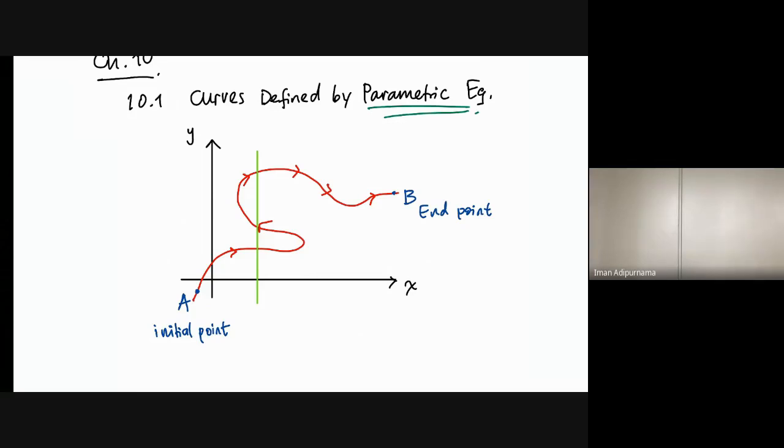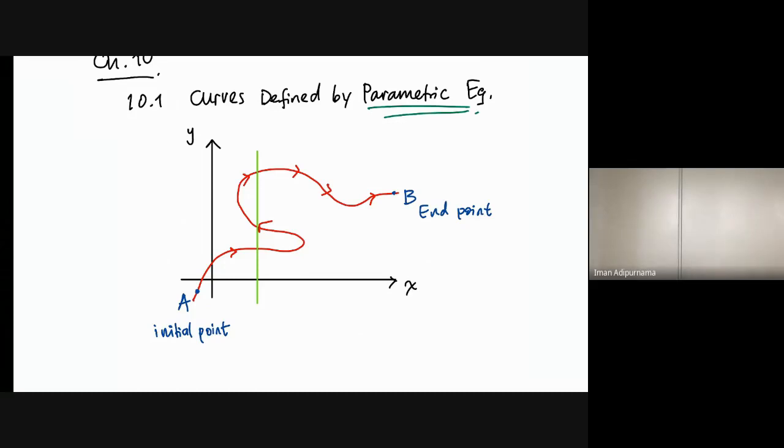Now we see this curve from A to B, and interestingly enough, it takes some turns here, and it goes back. Now, in terms of parametric equations, this kind of curve might happen. The easy way to visualize why this happens is when you learn physics.